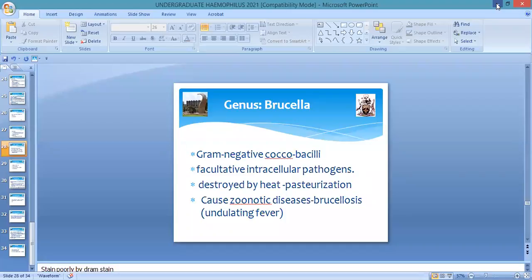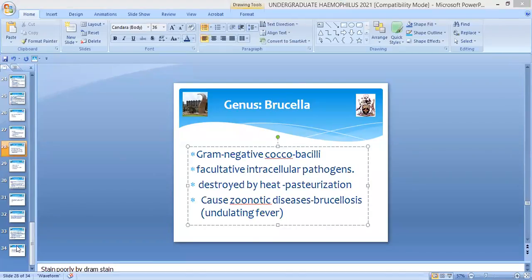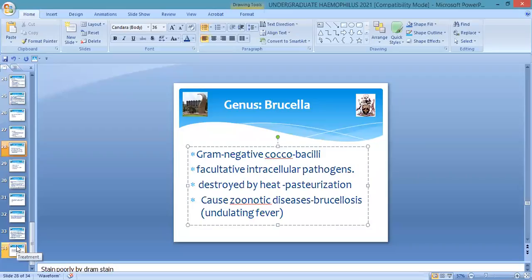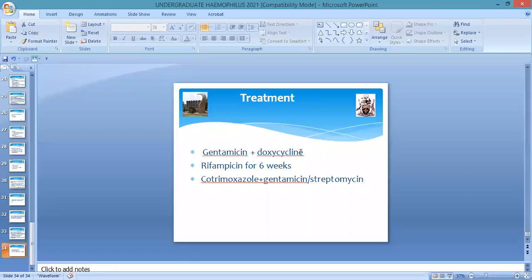And then, can ceftriaxone plus doxycycline be recommended for brucellosis? We talked about the treatment options I gave. Just go back to that slide. We talked of gentamicin plus doxycycline. You can also give cotrimoxazole plus gentamicin.